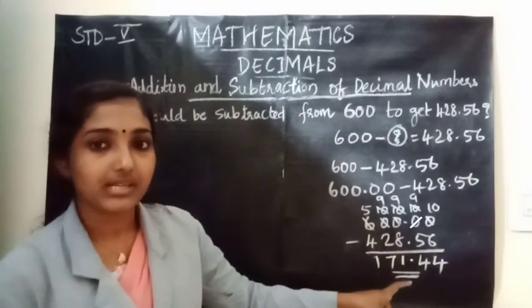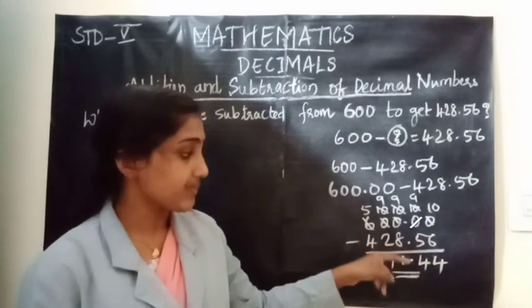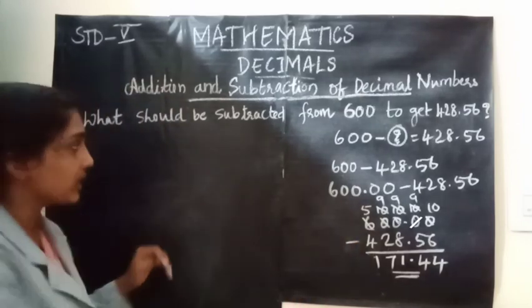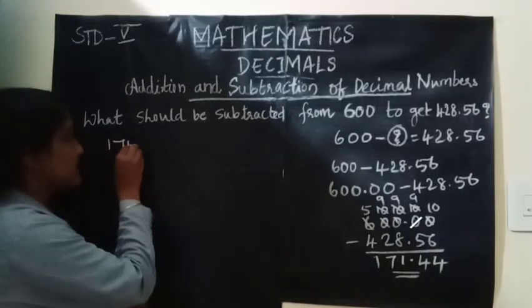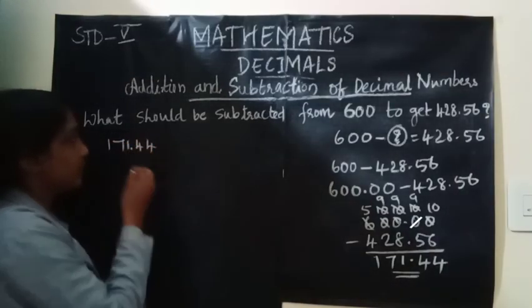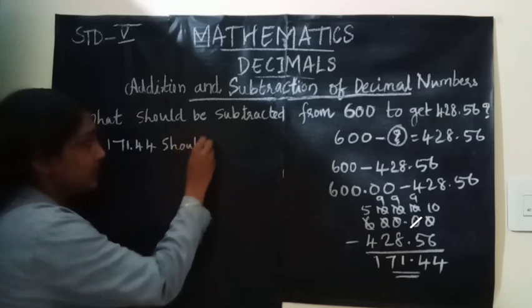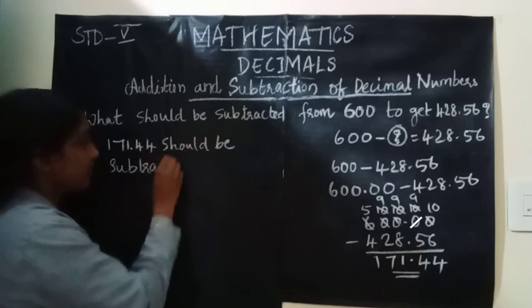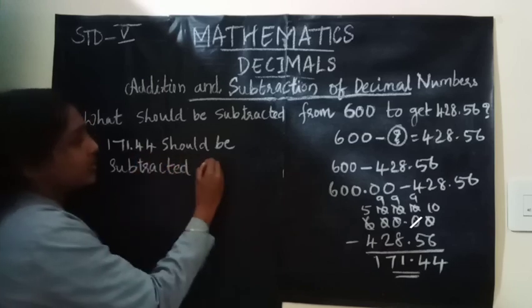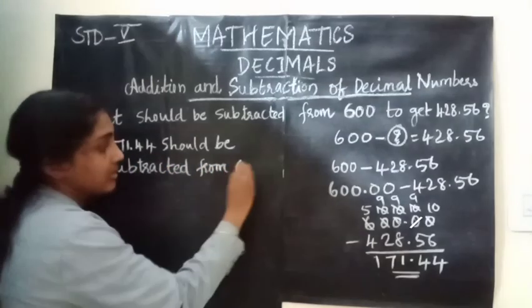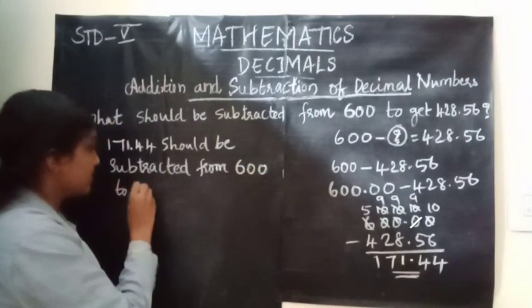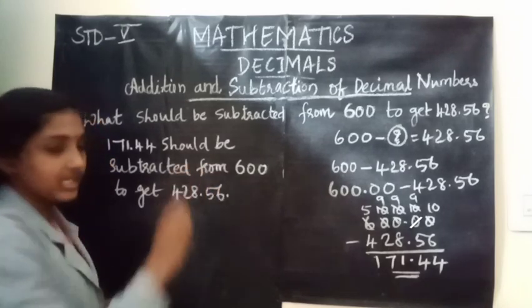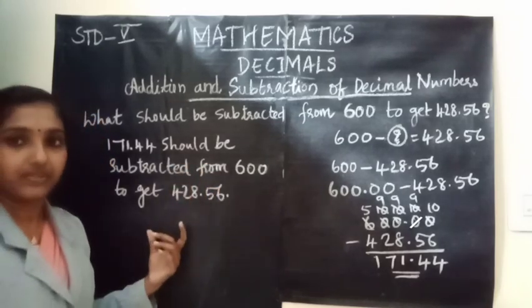So 171.44 should be subtracted from 600 to get 428.56. So we got the answer of this question.